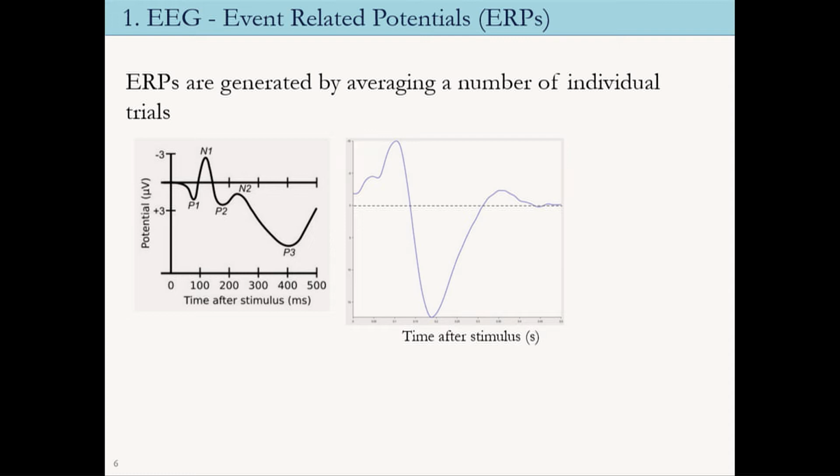So if we have a participant performing task A and performing task B, they both elicit this kind of average response, both tasks, and then by comparing these two different responses, we see what are the differences in the latency and in the magnitude of the individual parts, and we can say that maybe these differences are due to the differences of the task.